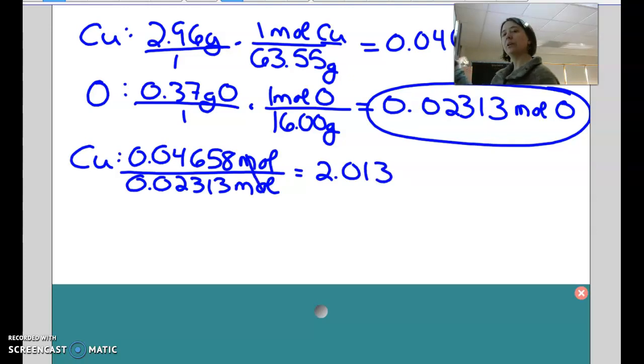Our moles cancel, so it's a pure number. We don't need a unit.